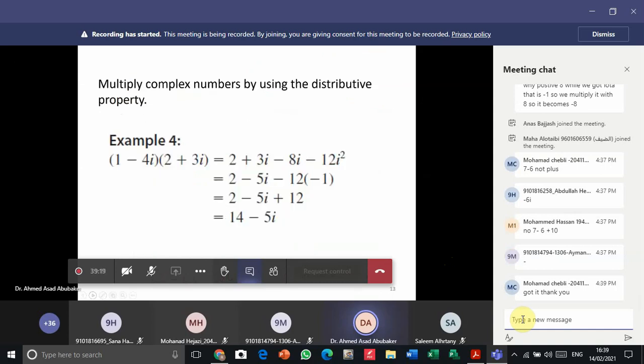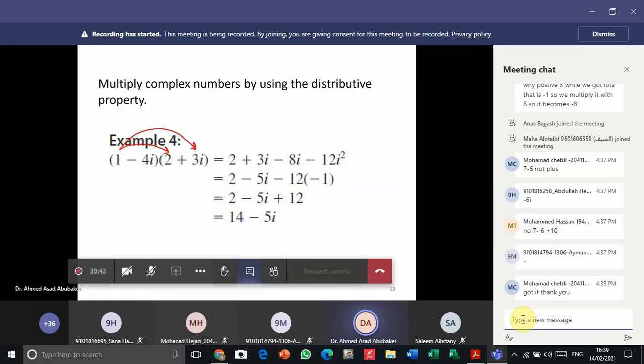Right. How can we multiply two complex numbers together? Just like multiplying two brackets. Multiply each term in the first bracket with all terms in the second bracket. So multiply 1 with 1, 1 with 2, and 1 with 3i.